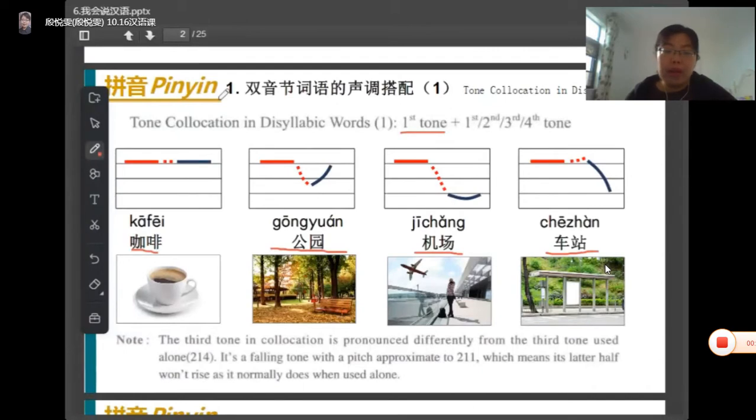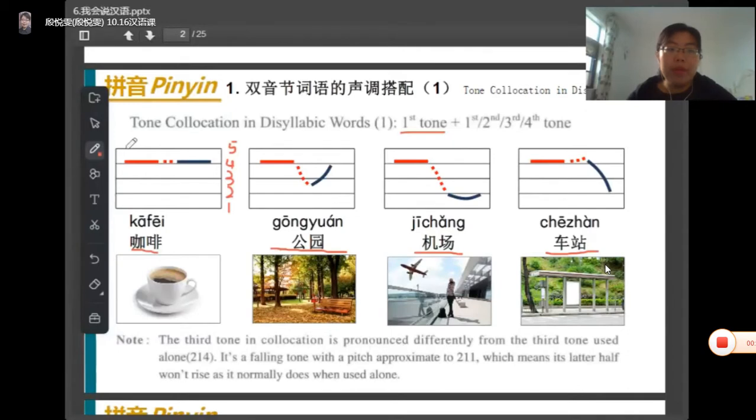Before we learn about 拼音, we know there are 5 levels about 拼音: 1, 2, 3, 4, 5, from lower to the higher. 咖啡, they all have the first tone.